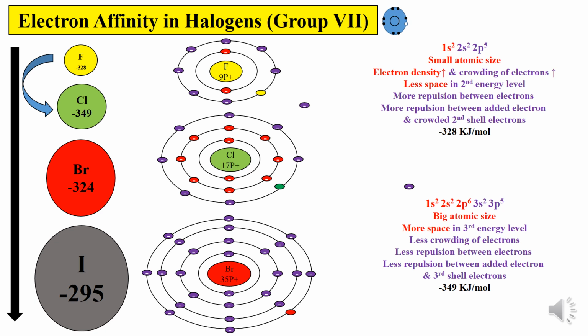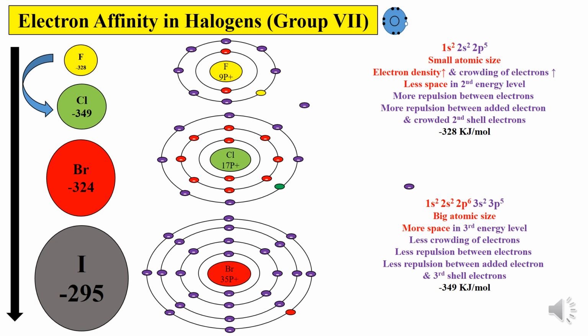And what about chlorine? Why is chlorine showing a greater electron affinity? Because it has 3 shells. Though it has 3 shells, you can see the atomic size is bigger. It has more space in the third energy level, and there is less crowding of electrons and less repulsion between electrons in the third energy level.